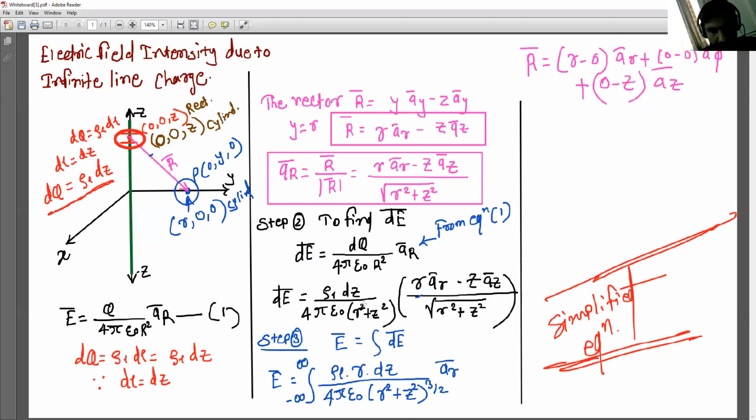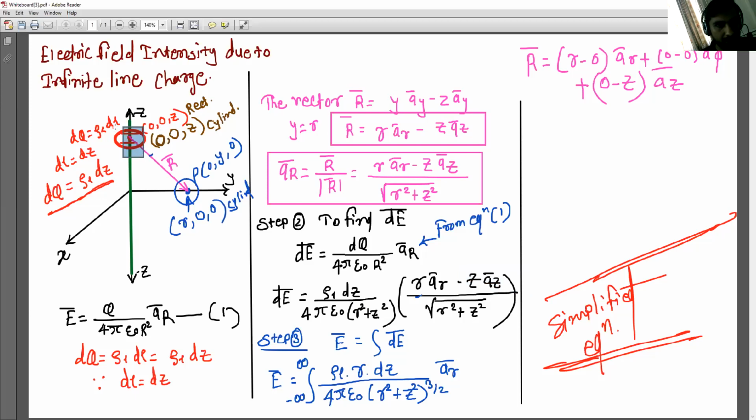After that, we have simplified this, like if I multiply this r square plus z square by under root r square plus z square, it becomes r square plus z square bracket raised to 3 by 2. And I told you this vertical component gets cancelled because of a similar point on the negative side.